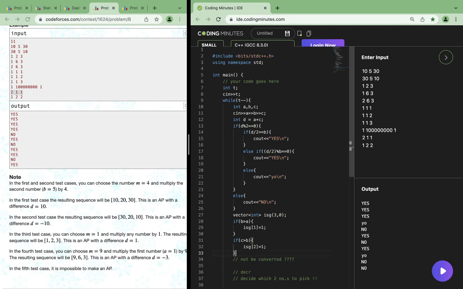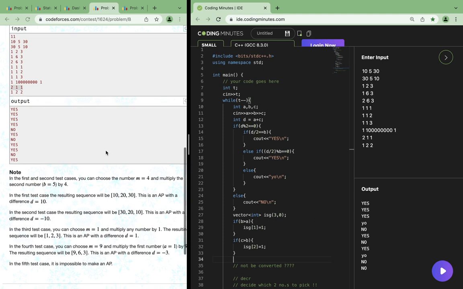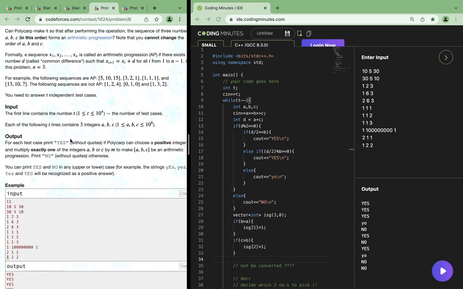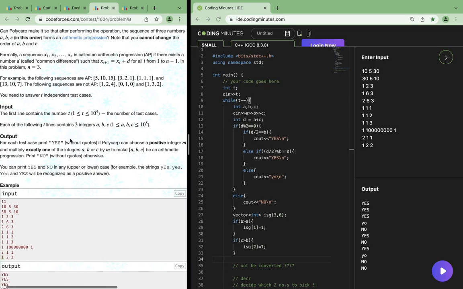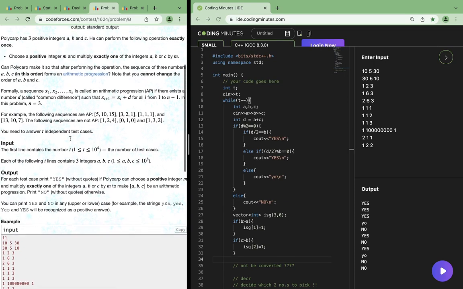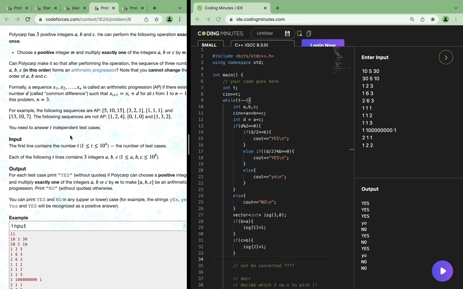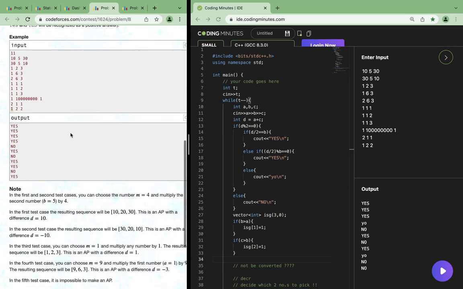How do I figure out this stuff? Like 1, 2 and 2 can be an AP? How is that? Maybe multiply this by 2 and then the AP becomes d equals 0. D can be anything, right? D can be anything. I hope so.